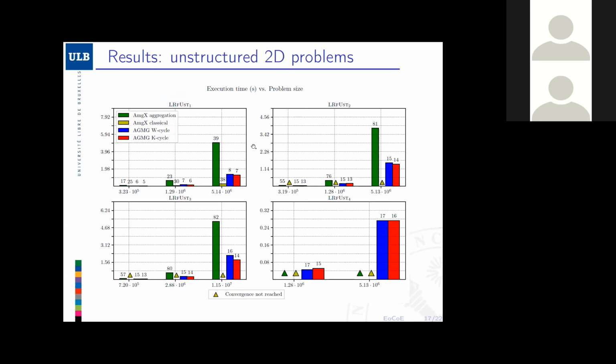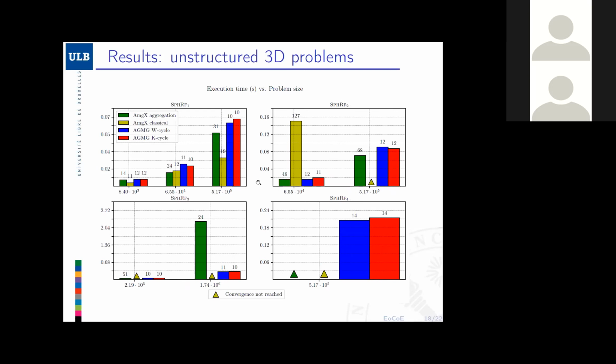These problems are L-shaped problems with local refinement on the borders of the L. For the lowest degree problem, AMGX classical is faster, but it does not converge for higher degree problems, and neither does AMGX based on aggregation. And we have seen since the beginning that both of our methods, the relaxed W cycle and the K cycle, are robust and always converge.